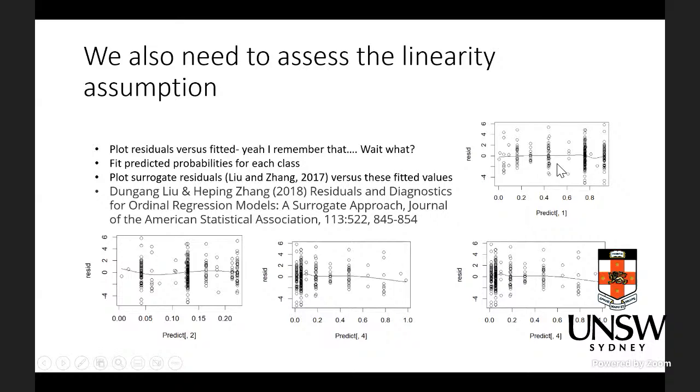This first residual plot is the surrogate residuals versus the probability of being in class 1. And the second plot is the residuals versus the probability of being in class 2 and 3 and 4. It's kind of annoying that you don't even get one residual plot anymore once you're doing ordinal regression. But you're just checking that nothing funny is going on, and that you've got this linear relationship at each level.